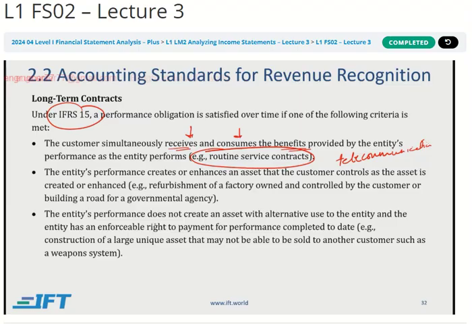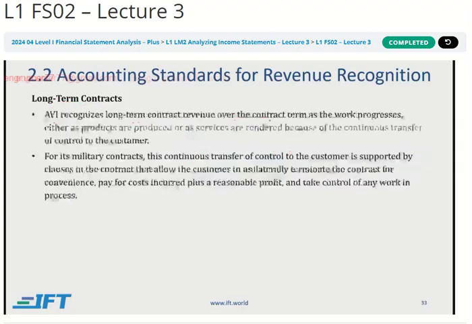So because this performance obligation is satisfied over a period of time, definitely the revenue will also be recognized over a long period of time. Therefore, they recognize the revenue for their long-term contracts over time as these products are continuously transferred to the customer.